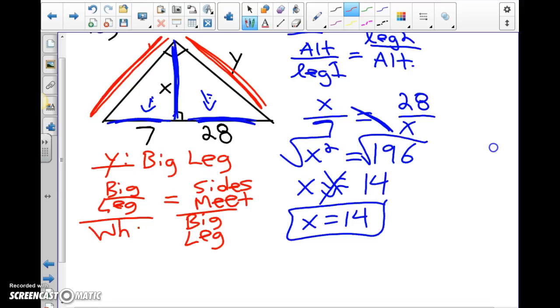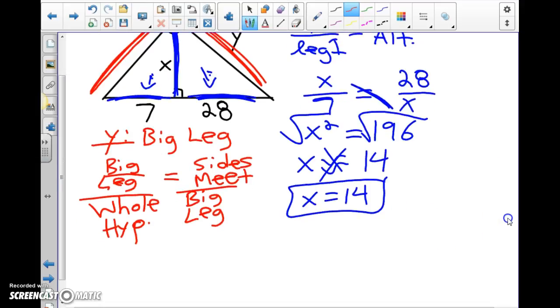And then I've got the whole hypotenuse. Filling in those numbers, where my big leg is, that's y. My whole hypotenuse, 7 plus 28, is going to be 35. Again, I'm ignoring that altitude. It's like it's not even there. Equals where the sides meet. The big leg that I'm looking at joins up with this little side that's 28. So I'm going to use that value.